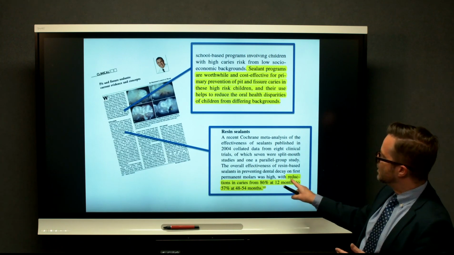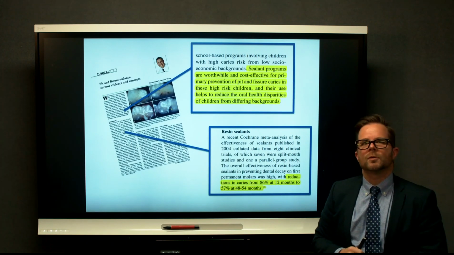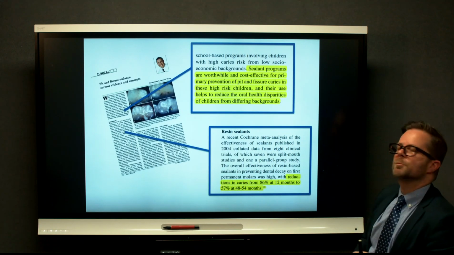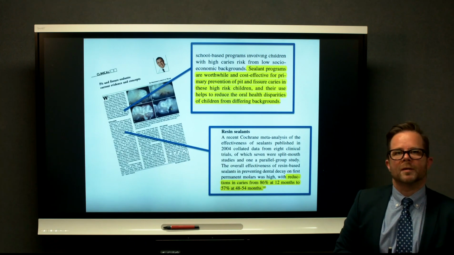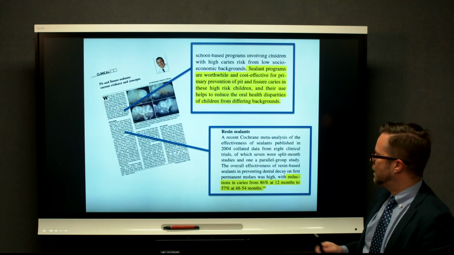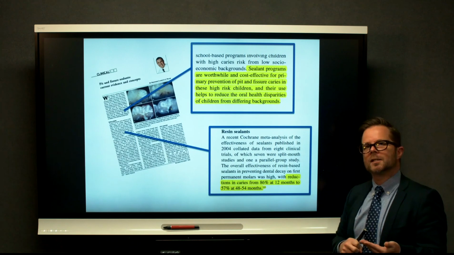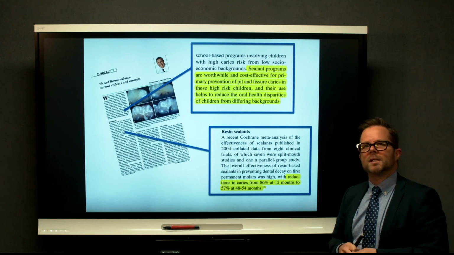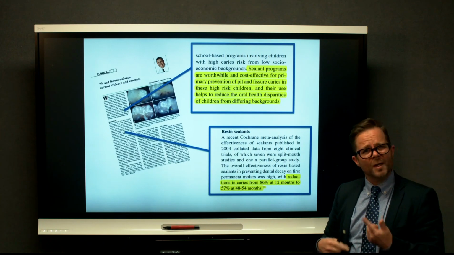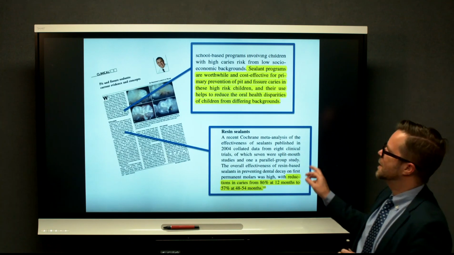And here they've summarised all of the studies to say that on average there was a reduction in dental caries of 86% at 12 months. And then there was a slow drop off in the reduction. But 86% in that first year after a fissure sealant is placed, those teeth were protected from dental caries. So quite significant preventive gains from fissure sealants.